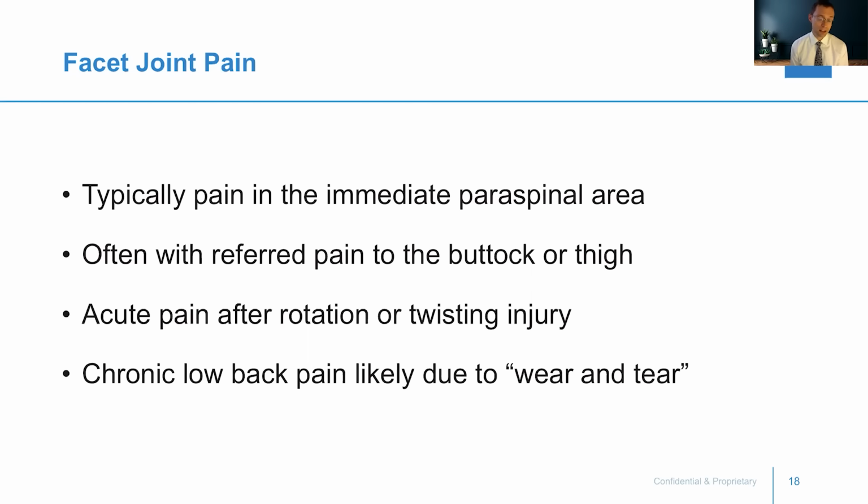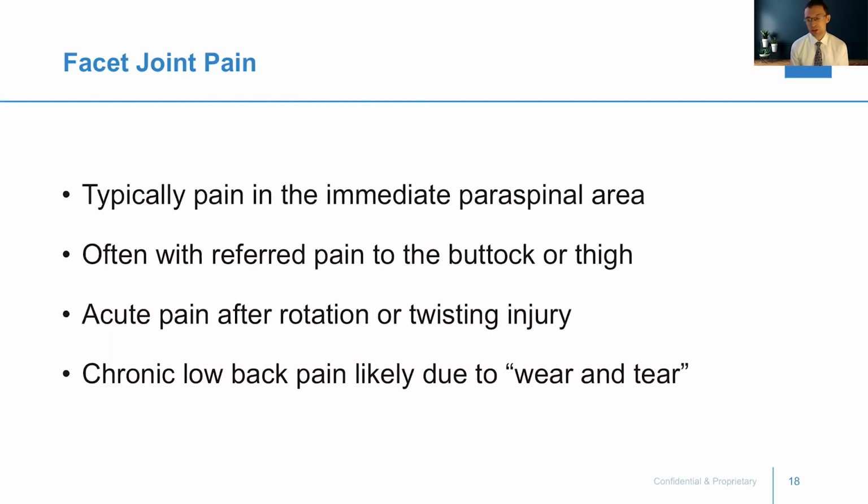Acute pain in the facet joints is often experienced after rotation or twisting injuries, in which the facet joints are subjected to force and then become painful and inflamed, often temporarily. Chronic low back pain can also come from the facet joints, and that type of chronic low back pain is usually due to wear and tear on the structures in the back.